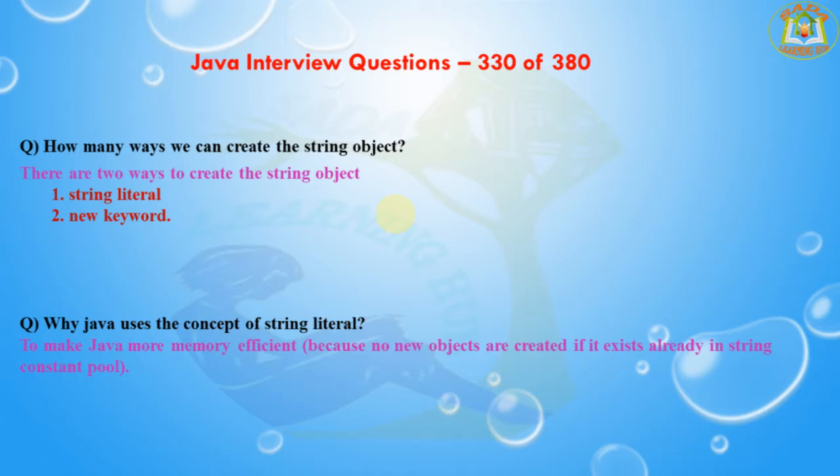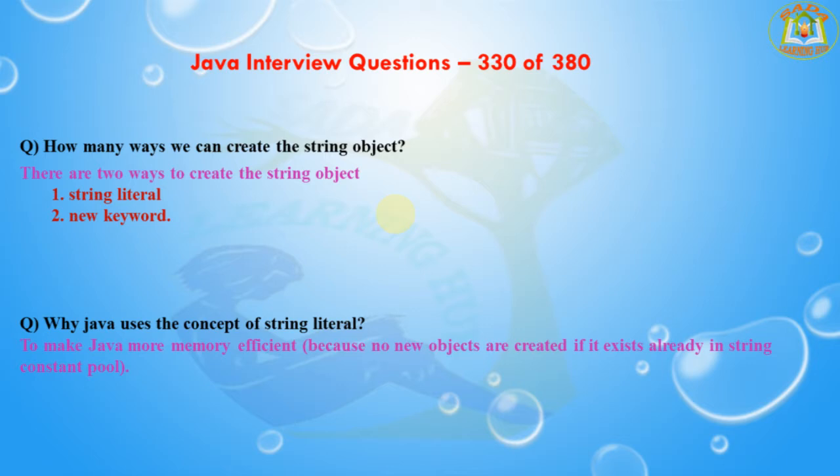The next question is, why does Java use the concept of string literal? To make Java more memory efficient, because no new objects are created if the string already exists in the string constant pool.